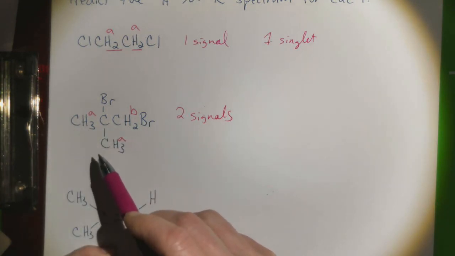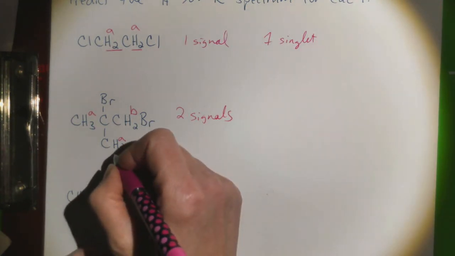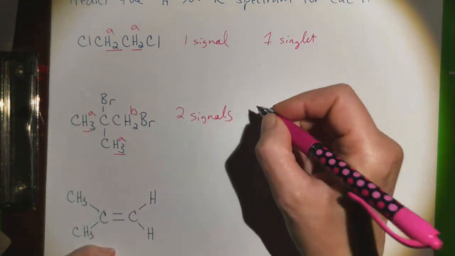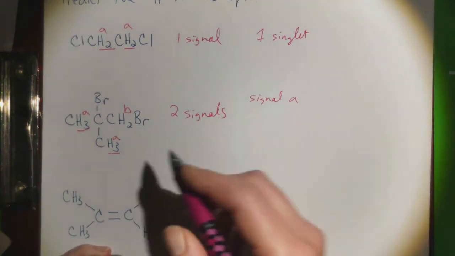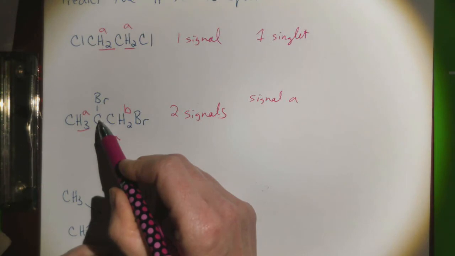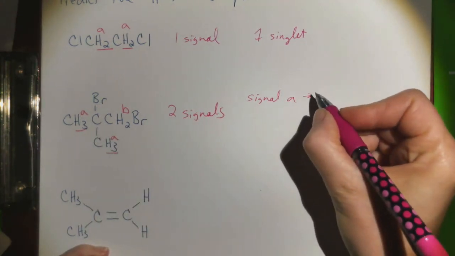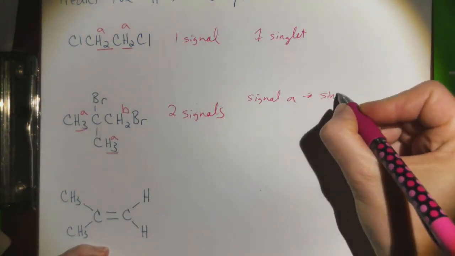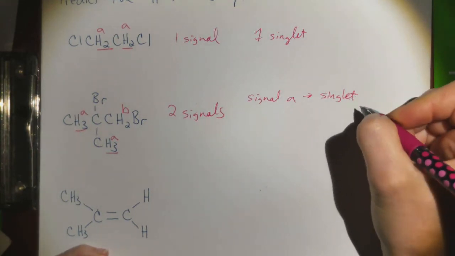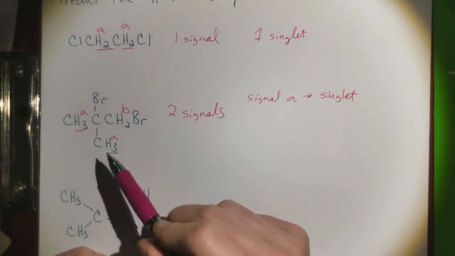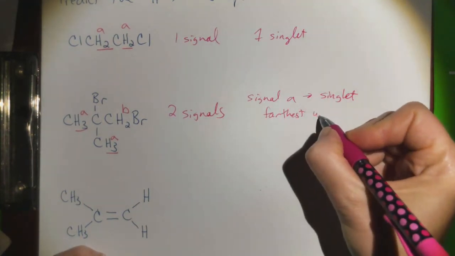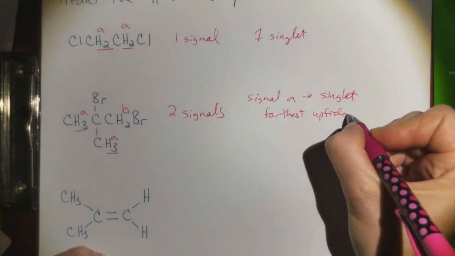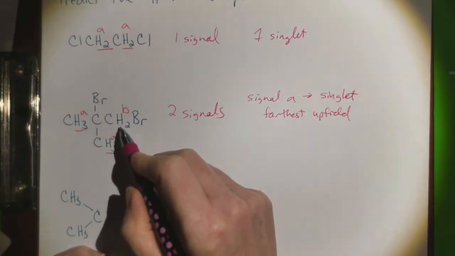And then in terms of the splitting, signal A has 0 proton neighbors, so signal A is going to be a singlet. And remember, that one should be the farthest upfield. This one should be the farthest downfield.